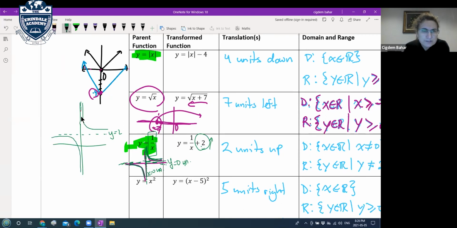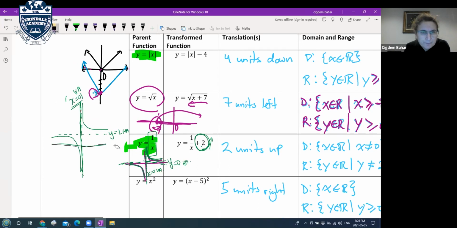So you have the asymptote here, y equals 0. Vertical asymptote, sorry, x equals 0. So x equals 0 is the vertical asymptote, but your horizontal asymptote changed to 2 because you shifted 2 units up. Before, when y was 0, it was here.